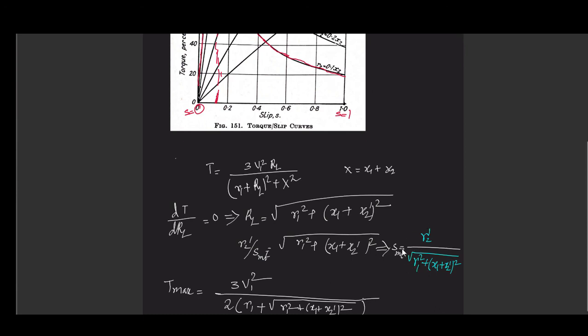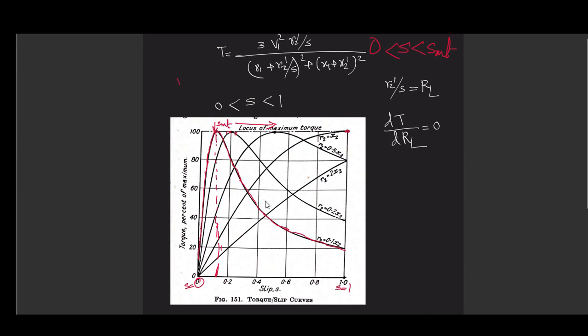Once this is SMT, we are getting this inflection point, but before that, if you take R2 dash by S, this ratio will be greater than 1, and not only greater than 1, the variation with slip is linear.